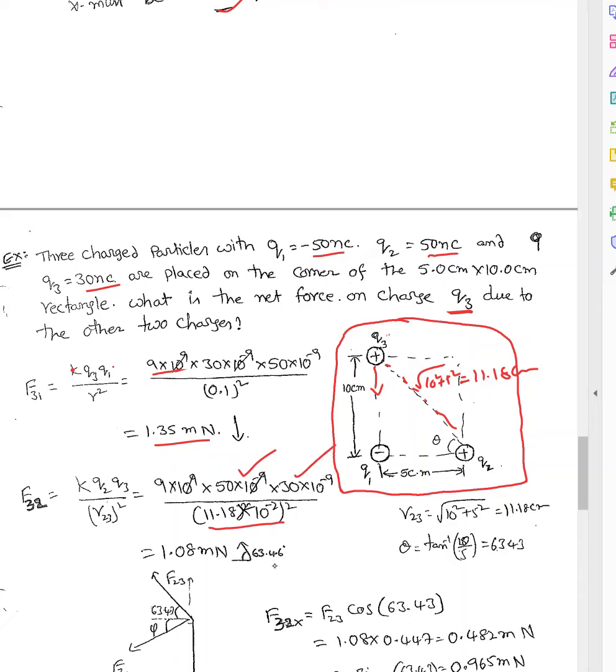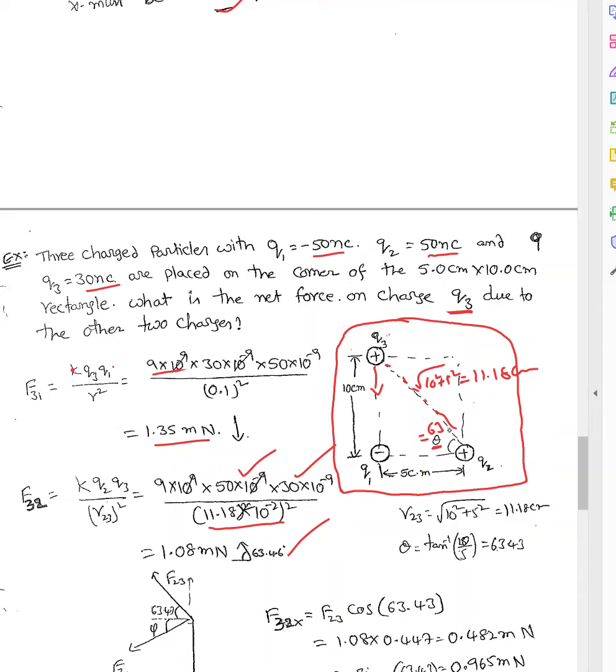We end up with 1.08 millinewtons. At the same time, I need to find this theta. Theta equals tan inverse of 10 over 5, and this value is 63.43 degrees.